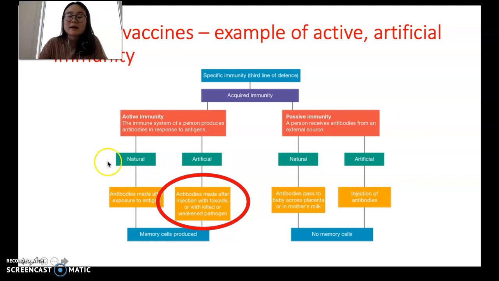Natural is when the body naturally encounters the pathogen or is naturally given the antibodies. In artificial, in both cases, the person is being injected with either the pathogen or the antibodies.